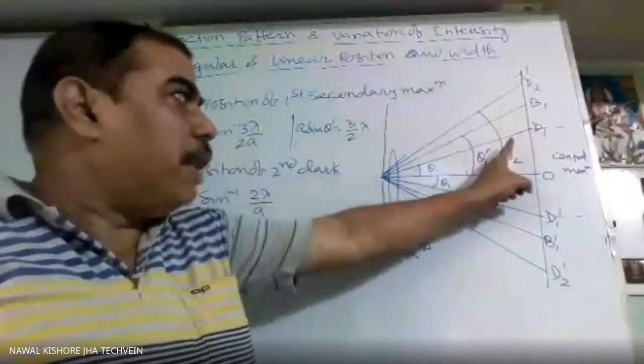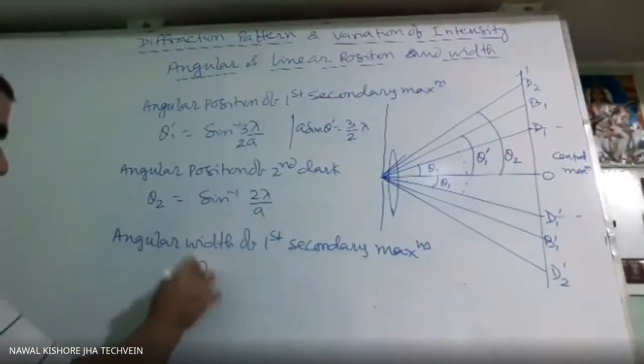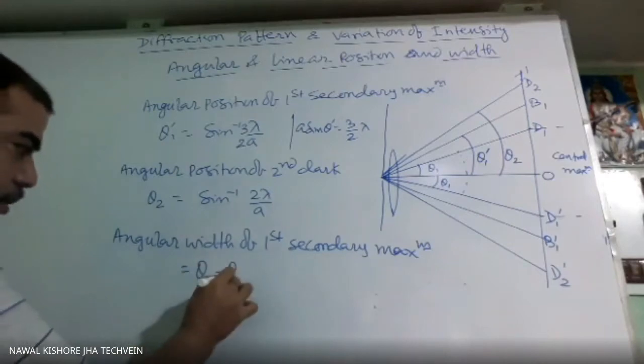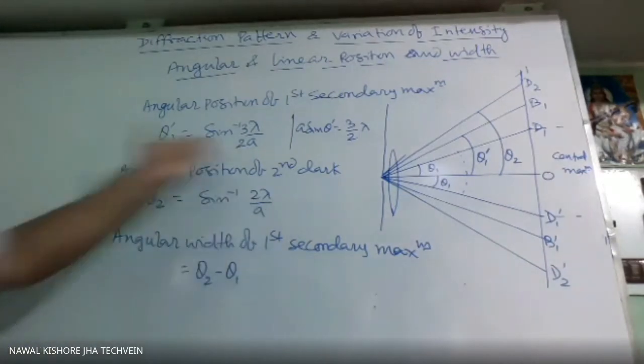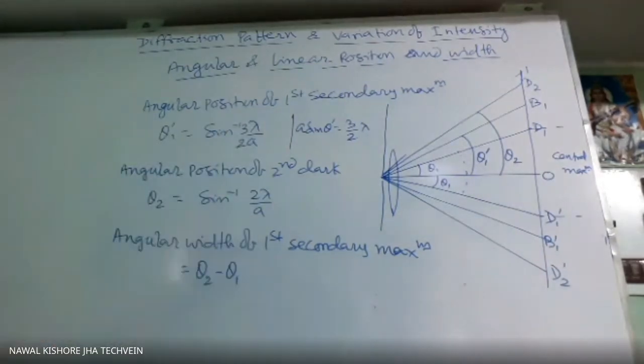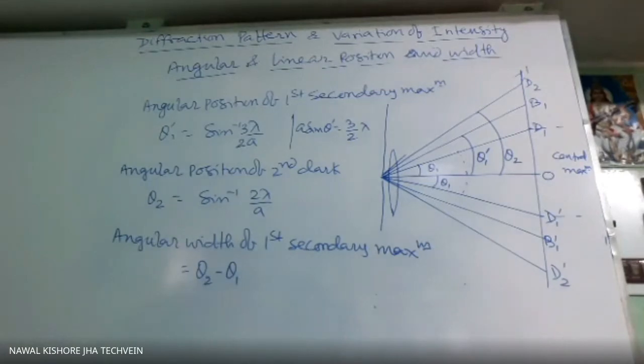That is this angle minus this angle, so it will become theta 2 minus theta 1. We find theta 2 from here, theta 1 from here, and subtract. You can find it in degrees or in radians. So this is the angular width of first secondary maximum. So this is angular position and angular width.